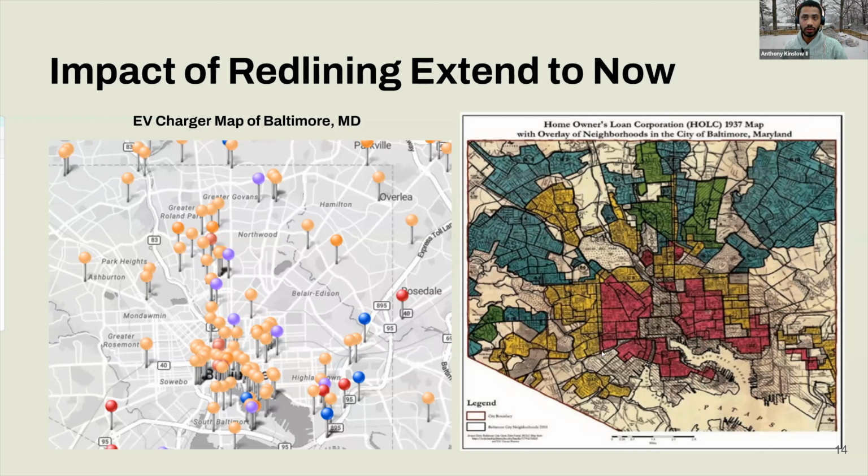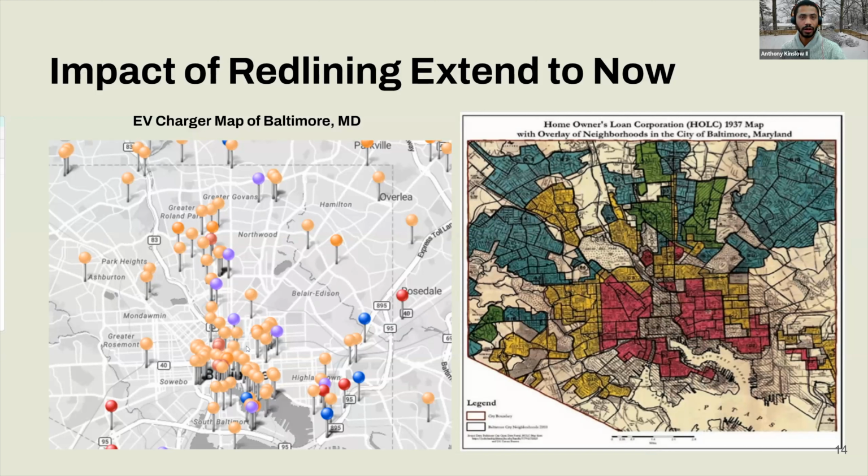And you can see in this image of Baltimore, the red areas right here, yellow being a little bit less risky, blue and green being less risky, right? So the areas that were red and yellow weren't receiving any investment, if at all, right? You couldn't get a loan from a bank if you lived in these areas because you were considered high risk. This is a map from 1937.